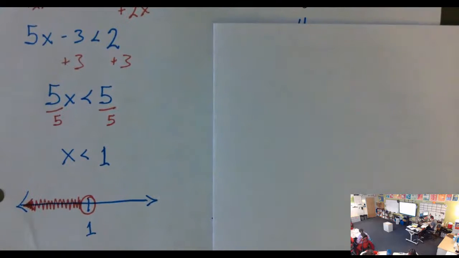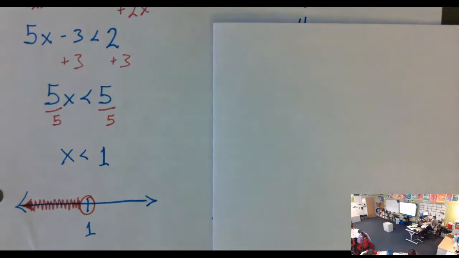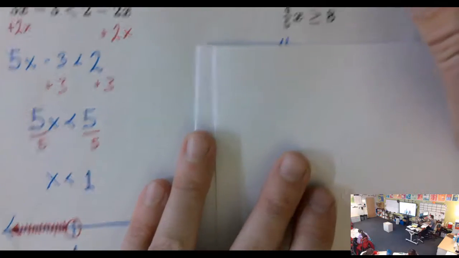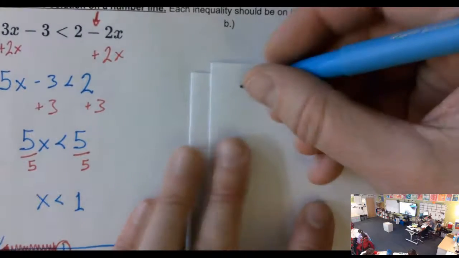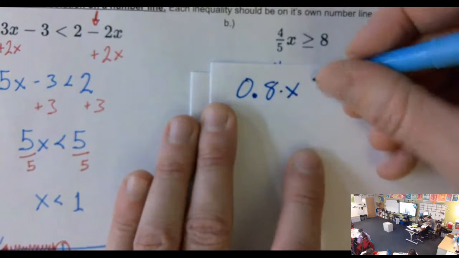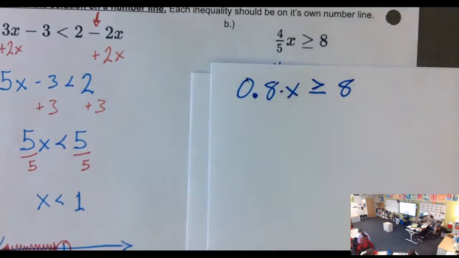The other option I saw a few of you take, which was sweet, for number B, 4/5x, and we did this one in class, but it's still kind of confusing. 4/5 is a fraction, but could we make it a decimal? Yeah, you've got a calculator, right? 4/5 is actually the decimal 0.8x.